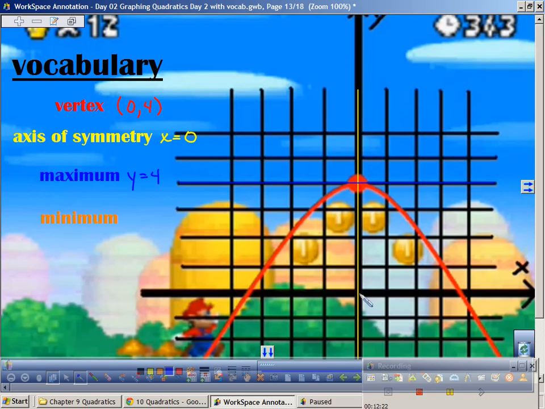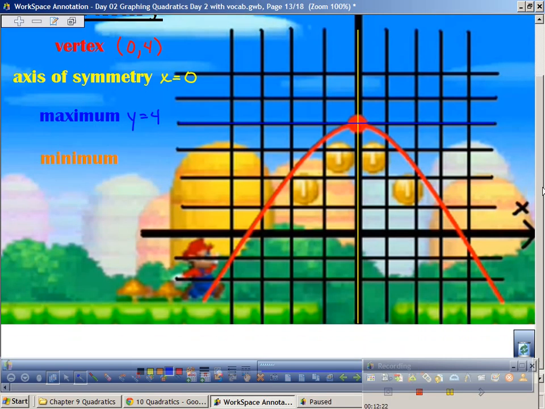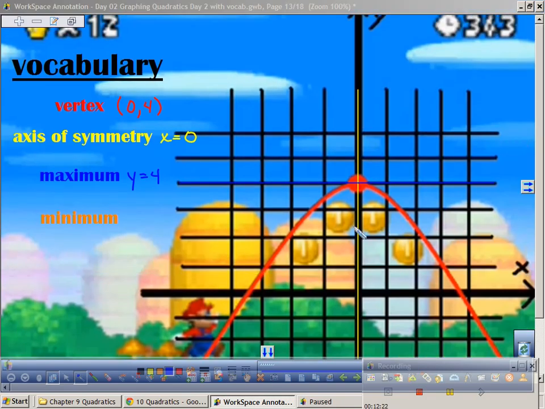This is minimum? No, -3. Well, I guess since there's nothing there, right? But in reality, there is no minimum. You can't be maximum and minimum. Truly, you can't be both. A graph can't be both.